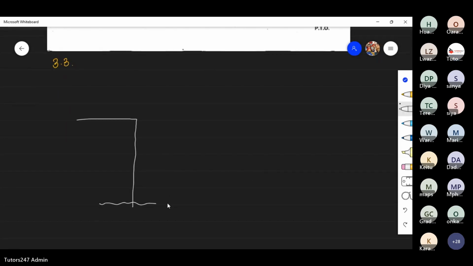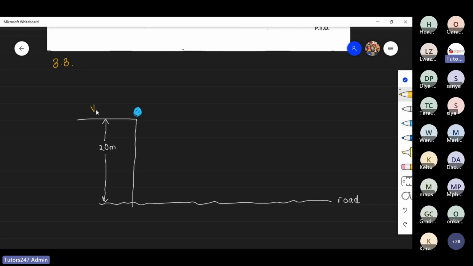Now, assume this to be your road. And keep in mind, we have a 20-meter high bridge. In addition to that, we know that object A or ball A was projected at 5 meters per second upwards. So let's have that as our initial positive 5.